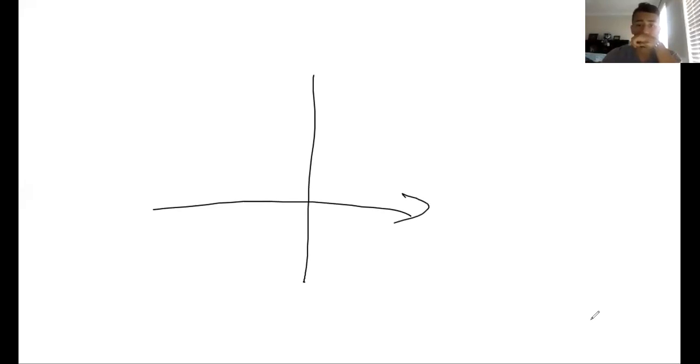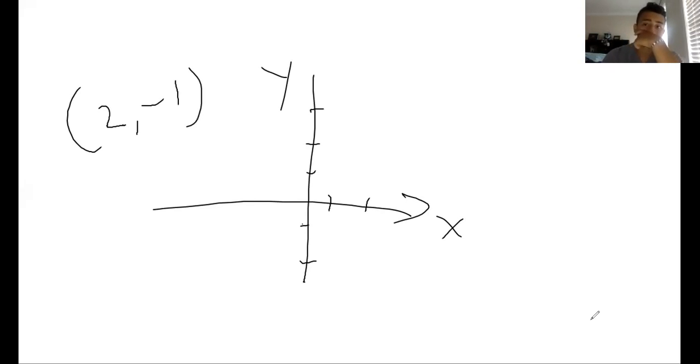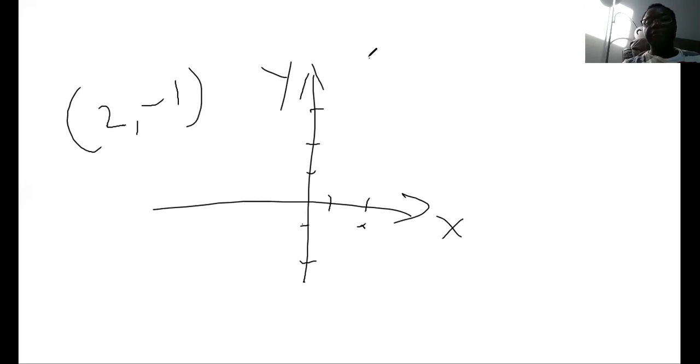On a rectangular coordinate system, you have two lines, and this one is the x-axis, and this is the y-axis. So if I have, for example, a point, let's say my point is 2 and -1, then x is 2 and y is -1, that point is somewhere here. So this is what we call a rectangular coordinate system.